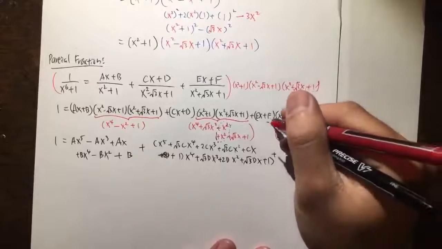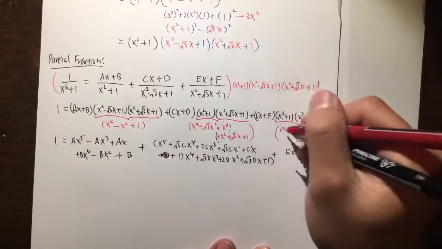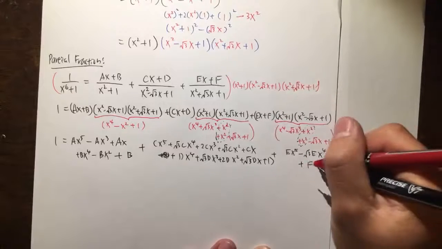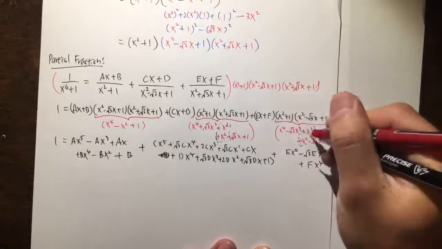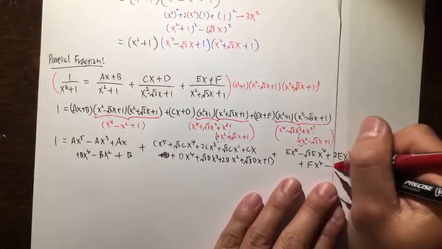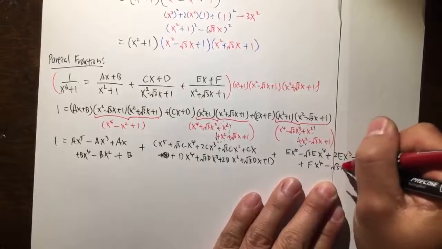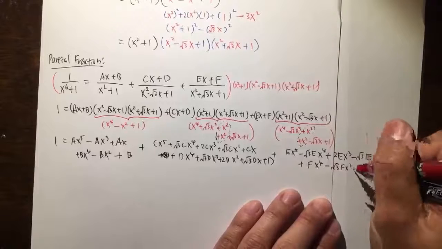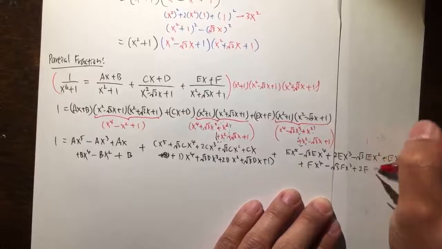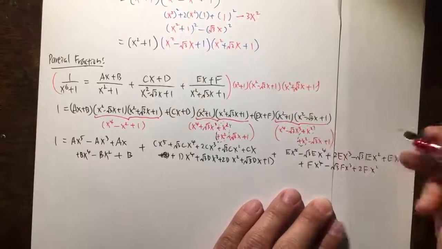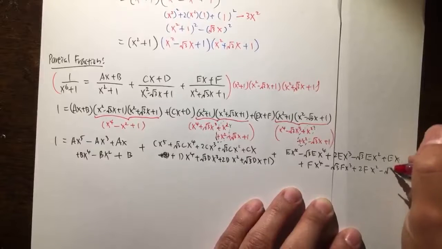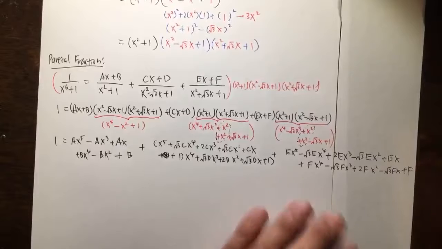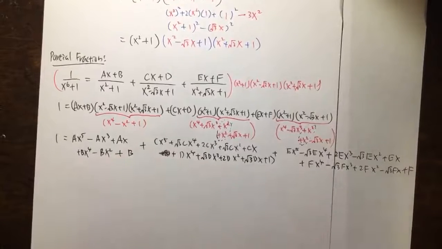And then we'll take f times this right here, so it will be plus f times x to the fourth power, and f times this, which is minus square root of 3fx to the third power, and then f times 2 of this, which is going to be plus 2fx squared, and then f times this is minus square root of 3fx, and then f times that is plus f. Okay, so far this is what we have.